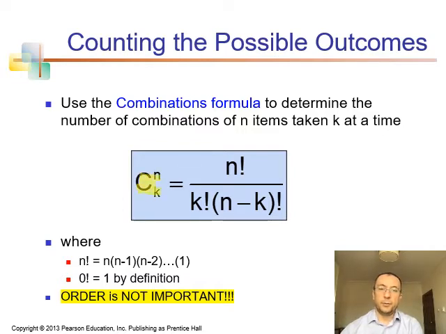So, for example, it could be the combination of N items taken K at a time, and that's equal to n factorial over k factorial times n minus k factorial. And when we say factorial, that means you multiply that number by n minus 1, n minus 2, until it reaches 1, the last multiplication. And by definition, 0 factorial is equal to 1.